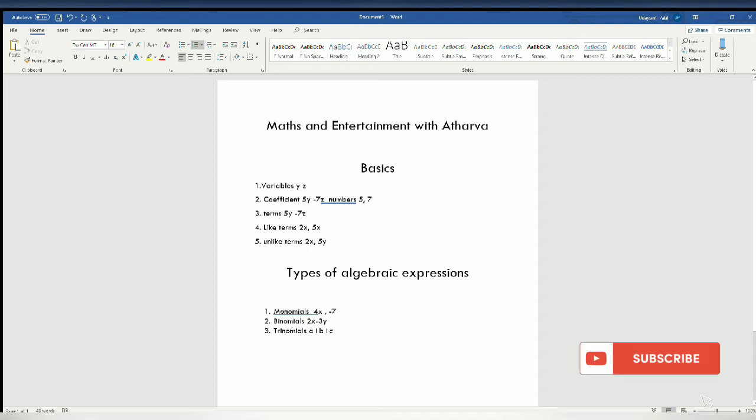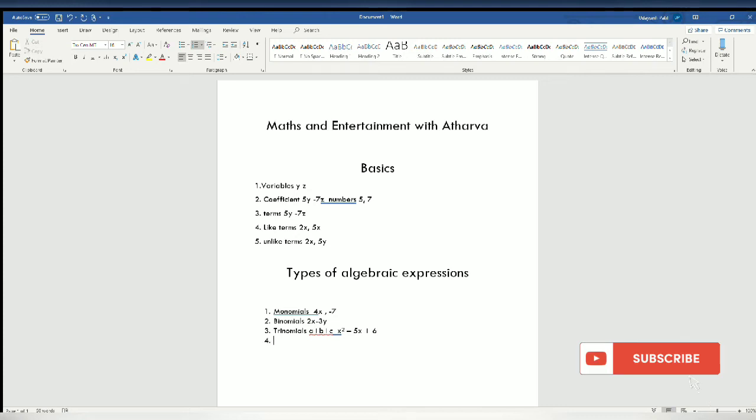I will give you another example. The second example is x square minus 5x plus 6. These are the two examples.